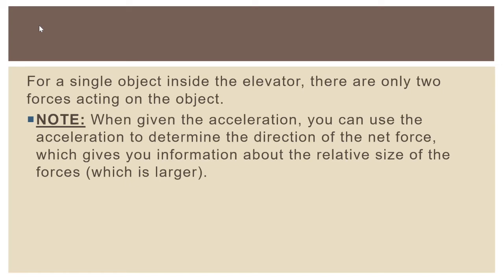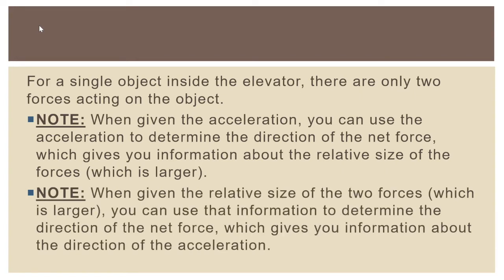If the acceleration is down, then the net force is down, which means the downward force has to be bigger than the upward force, because if the downward force wasn't bigger than the upward force, then the net force wouldn't be down. That's the idea. So when you're given the acceleration, you can use the acceleration to determine the direction of the net force, which gives you information about the relative size of the forces. The opposite is true then also.